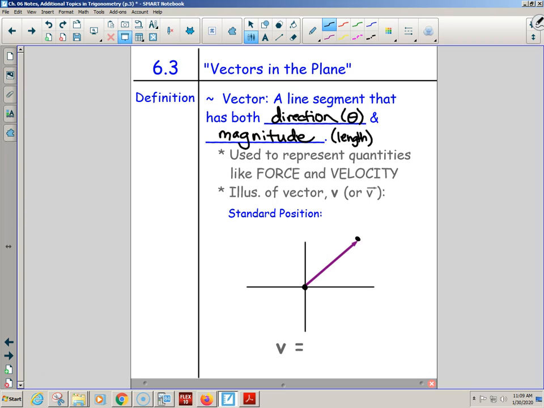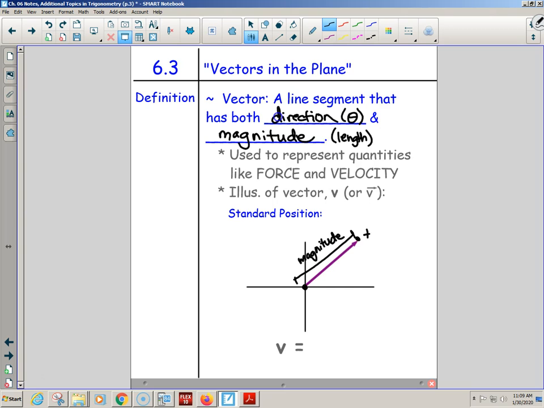The length has a meaning. The magnitude has a meaning. So there is a set length of the vector. That length is what we call the magnitude. We have some snazzy notation that we're going to bring in, but for right now, the length, it stops right there. The length is known as the magnitude.